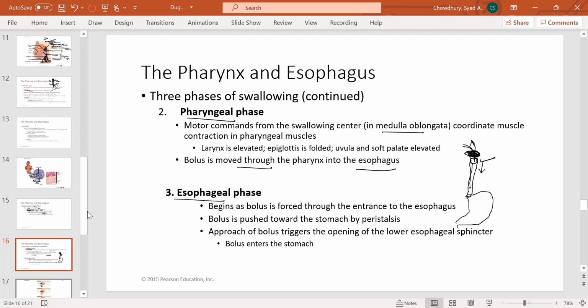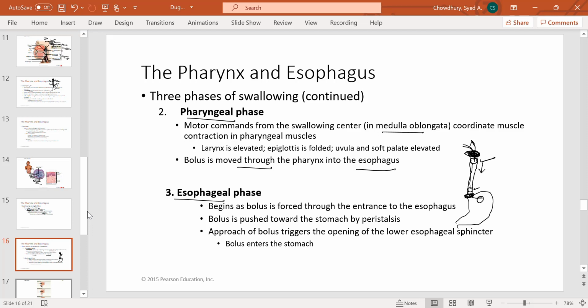And when the food bolus will come here, the lower esophageal sphincter, which was very constricted because of the presence of food, it will get wide open, so the food bolus will be able to enter into the stomach.